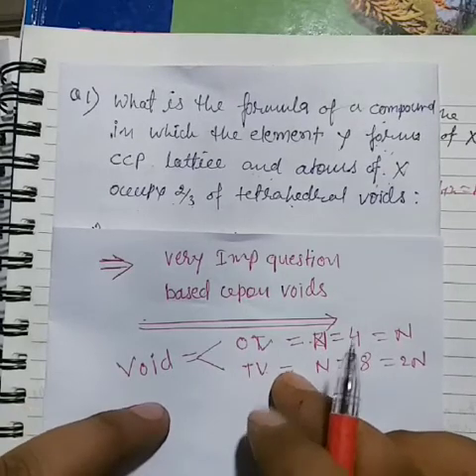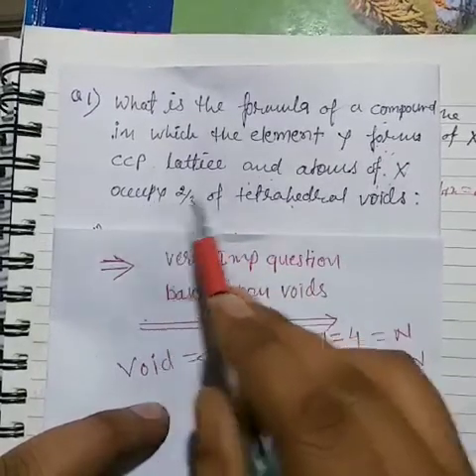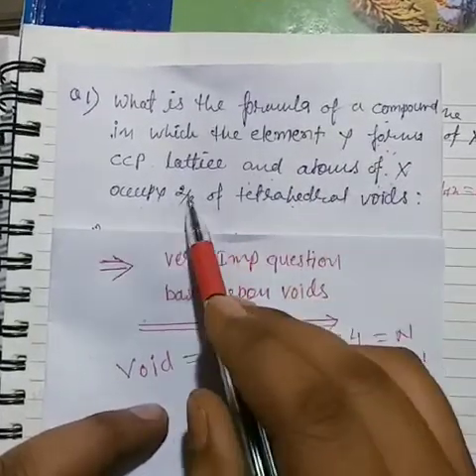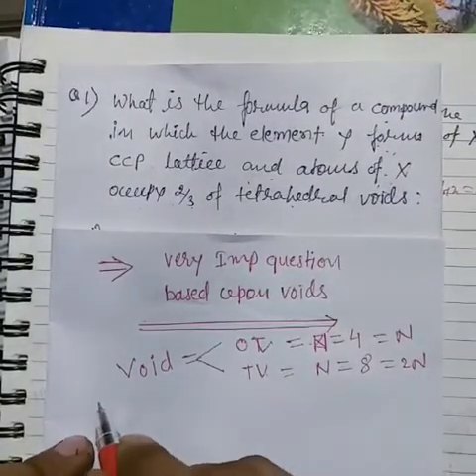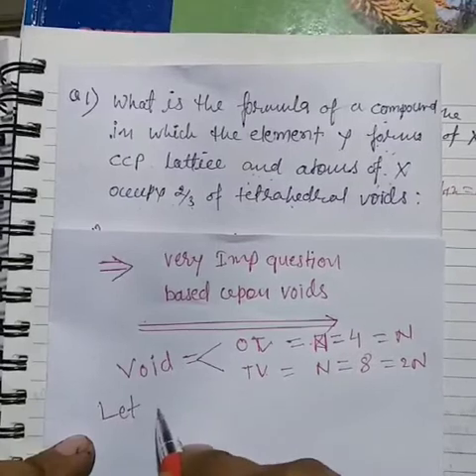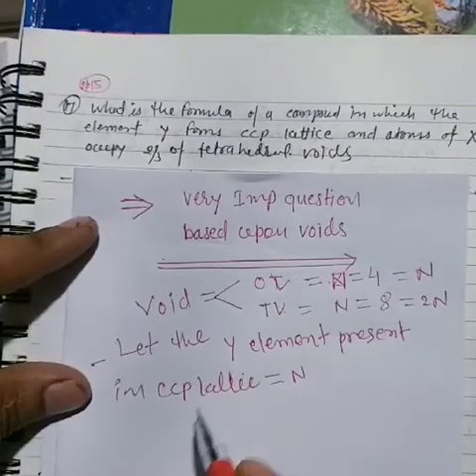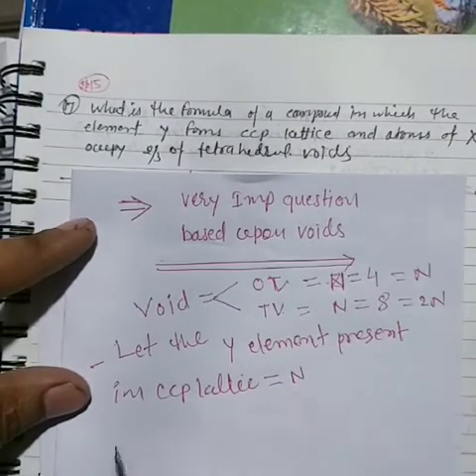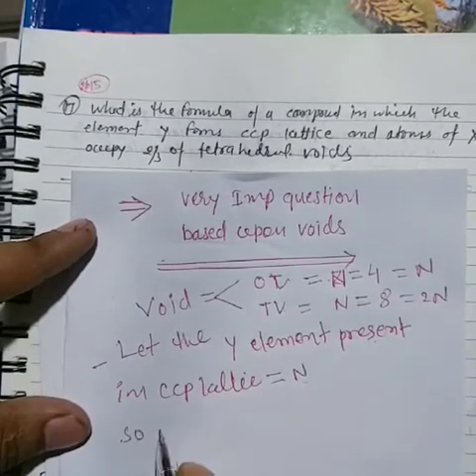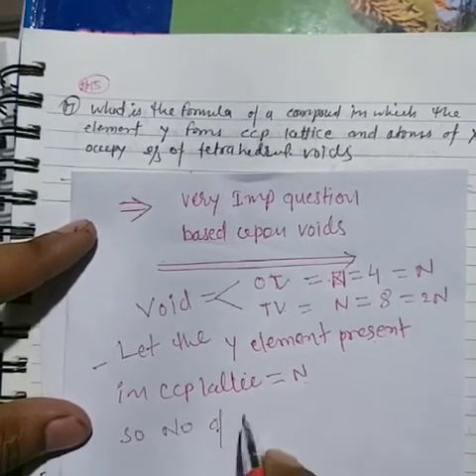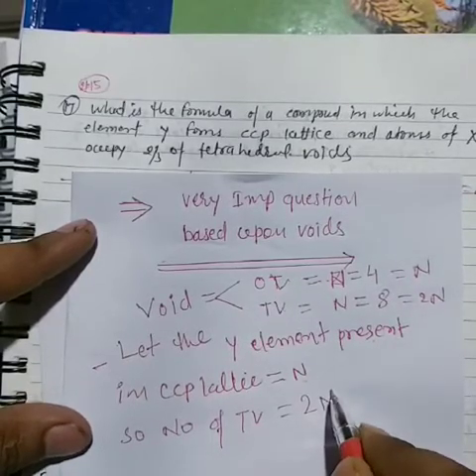Now see students, here is the X value: atom X occupies 2/3 of the tetrahedral voids. So the solution: let the Y element present in the CCP lattice be equal to N. The number of tetrahedral voids is equal to 2N.